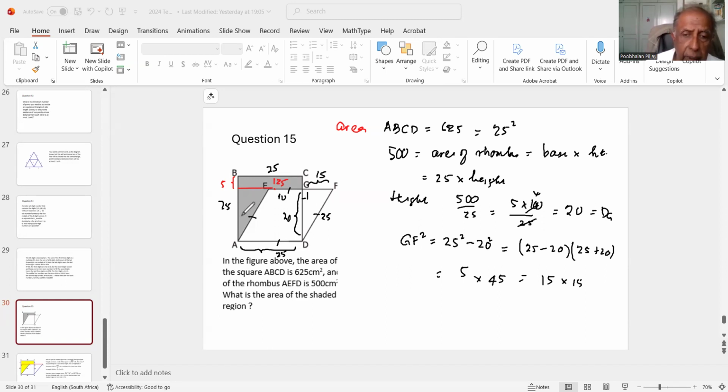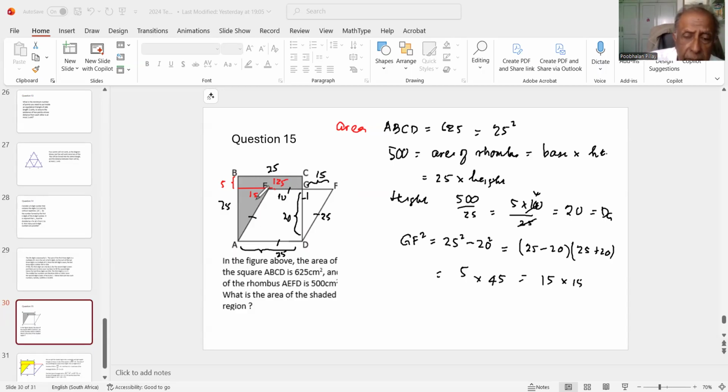Now let's look at this triangle. Now, the area of a triangle is half base times height. I have the height already, that's 25. The base, do I have the base? Well, I've got 10 here, and the whole thing is 25. So this will have to be 15. So it was useful calculating all these other lengths here. So this part here is 10.